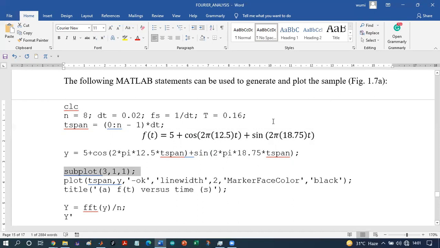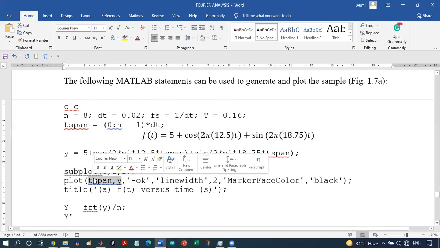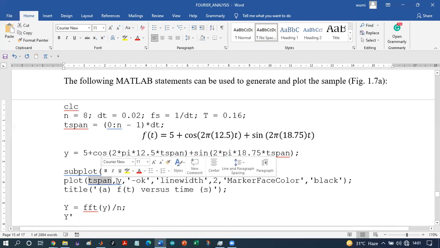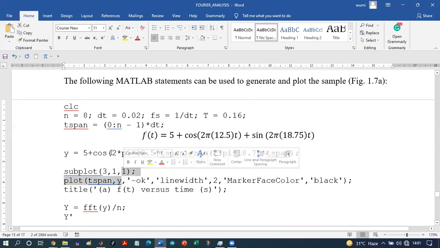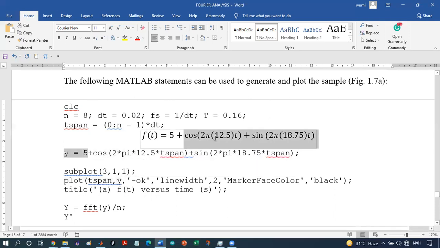So these two, the ones I highlighted, are the most important. This value is the value on the x-axis, then this value is the value on the y-axis. So you are plotting t, which starts from 0 to 0.14, as a function of y. Remember that y is the signal.